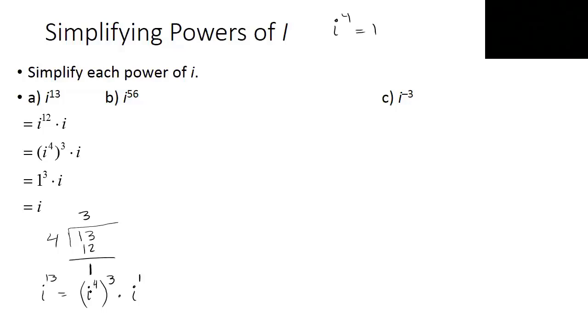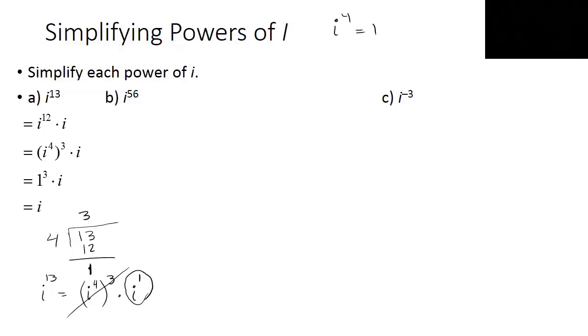So this portion, i to the power of 4, we know is 1, so it doesn't matter what power I raise it to, it's still going to be 1. So this whole thing would be equal to i to the power of the remainder. When you divide by 4, you really care about the remainder, because the answer would be i to the power of the remainder.